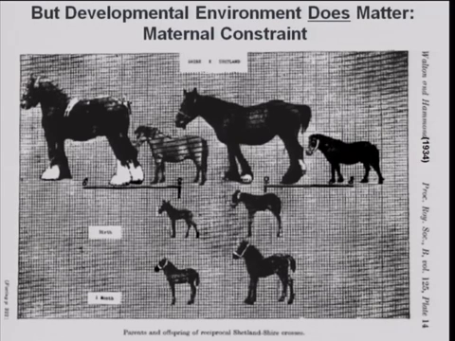Here's the Shire male over here, mating with the tiny little Shetland female. And in case you're wondering, this was the early days of artificial insemination. And the question that they asked was, what would the offspring be like at birth? Would they, in the Shire Shetland cross, be as big as the dad? In the Shetland Shire cross, would they be as small as the dad?